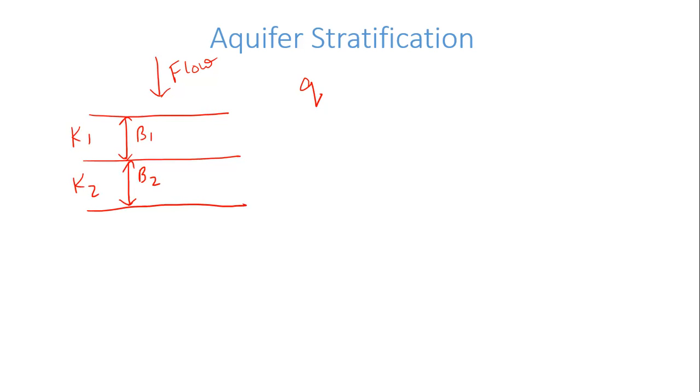So this q as it flows into the first layer will be minus k1 times dh1 divided by b1. You agree with this? So in moving from point 1 to point 2, there is a head loss of dh1, let us say. And what is the distance that has been traveled? The distance traveled is b1, the thickness of the layer, right?